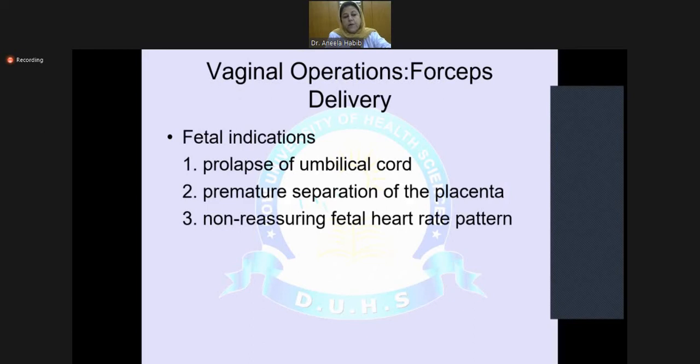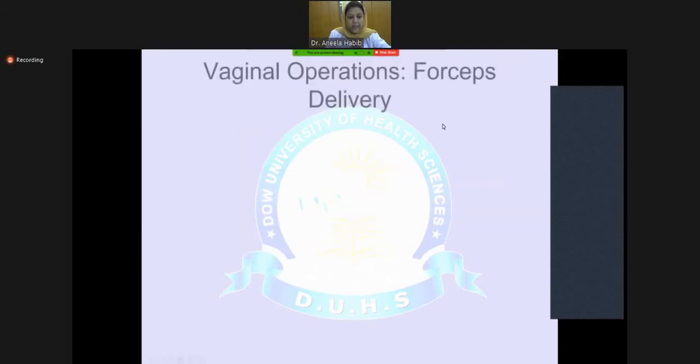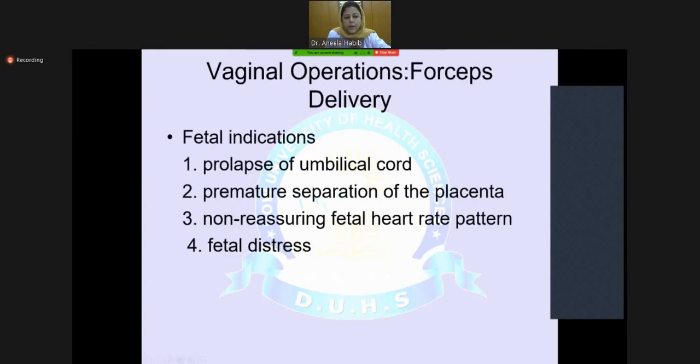If the patient is fully dilated and the baby is not coming out, and you can see the baby at the level of the introitus, you just need to give an episiotomy and take the baby out if the CTG is non-reactive. The fetal distress may be because of any cause, like umbilical cord prolapse, premature separation, or any abnormal CTG pattern.